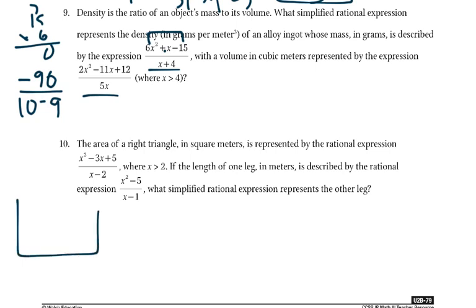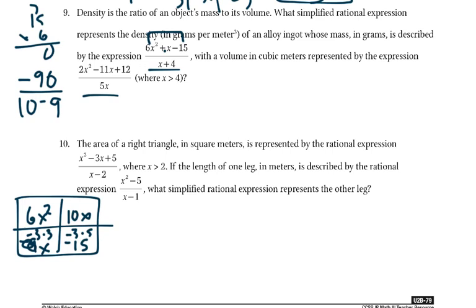So we do the area model. I've got negative 15. I've got 6x squared. And we've got 10x and negative 9x. Well, negative 9 would be like negative 3 times positive 3. 15 could have a negative 3 times positive 5. 10 could have a 5 times 2. 6 could have a 3 times 2.